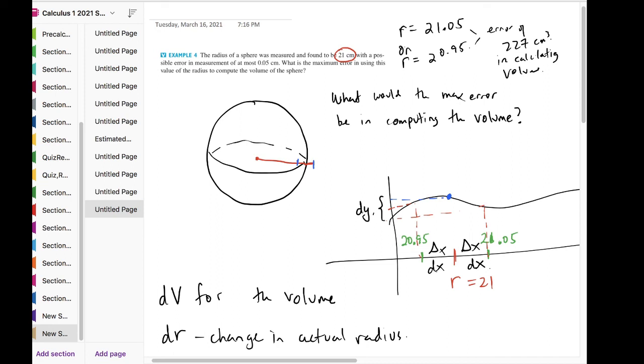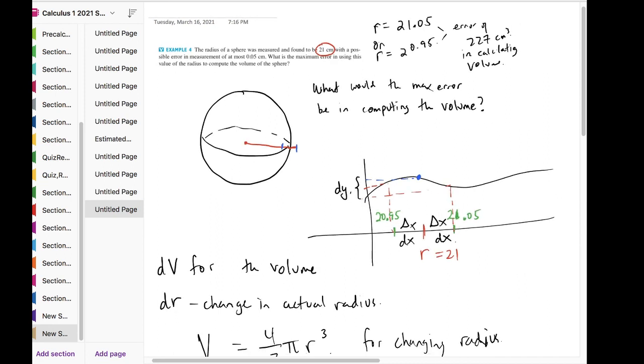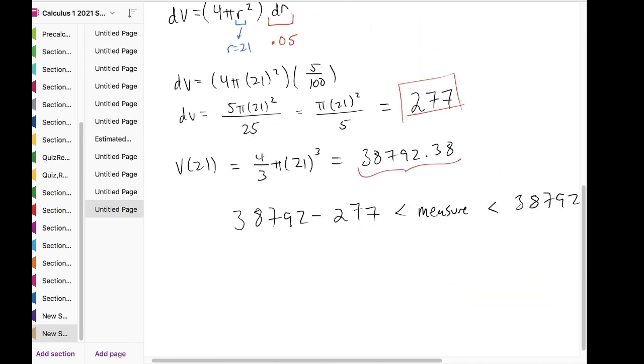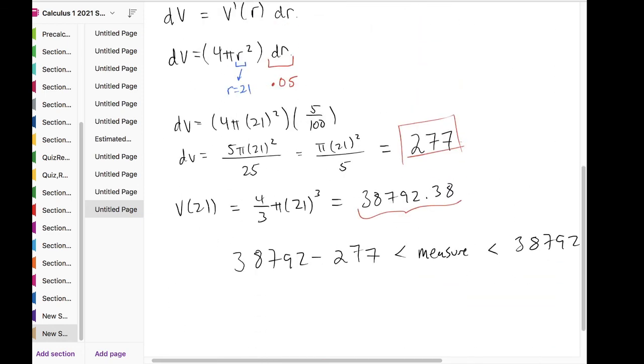But using the differentials, we can actually discover that. So 277 again is the differential, how far off we are from the value. Okay, anyway, we'll talk more about this next time. I'll see you Thursday. All right, have a good one.